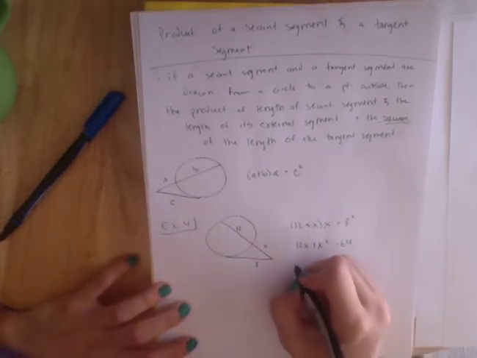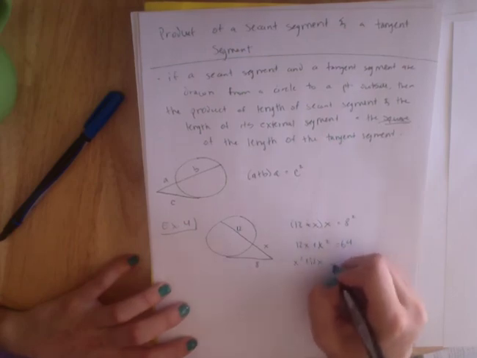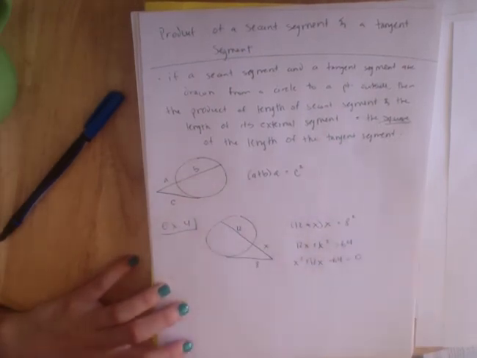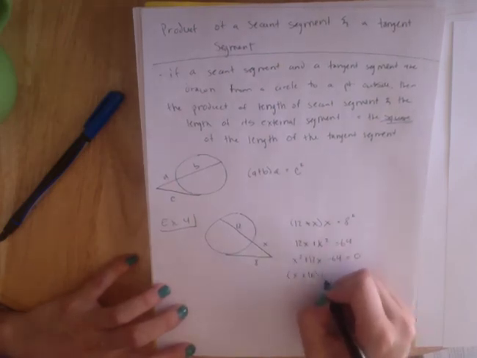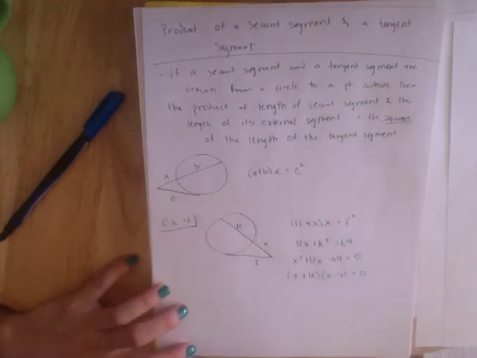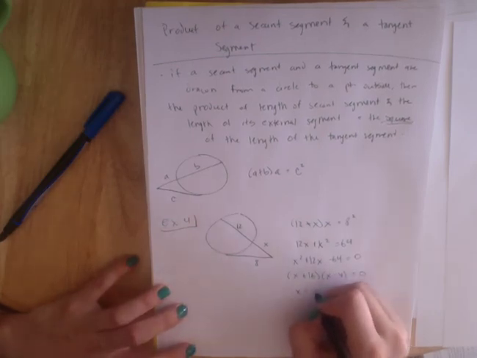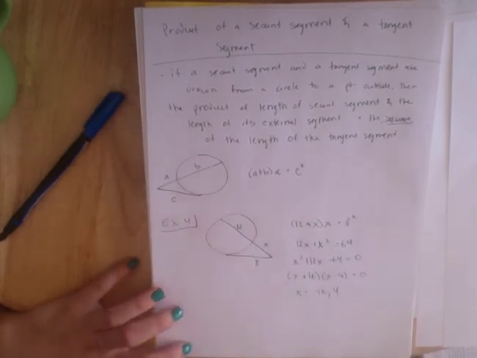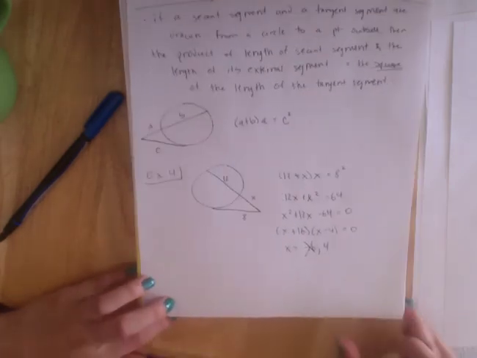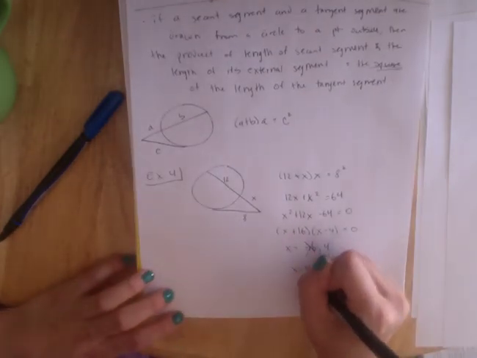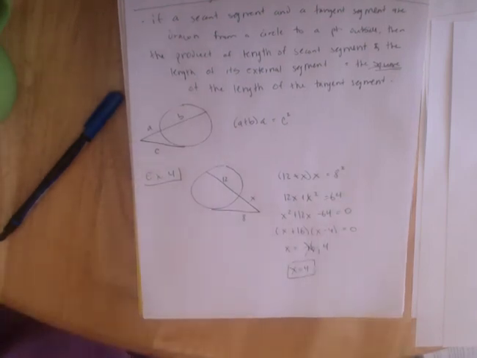I'm going to bring my 64 over, so x squared plus 12x minus 64 equals 0, which I can factor into x plus 16 times x minus 4 equals 0. So then x is negative 16, positive 4, except we eliminate the negative 16 as an extraneous solution, so we just have x equals 4.